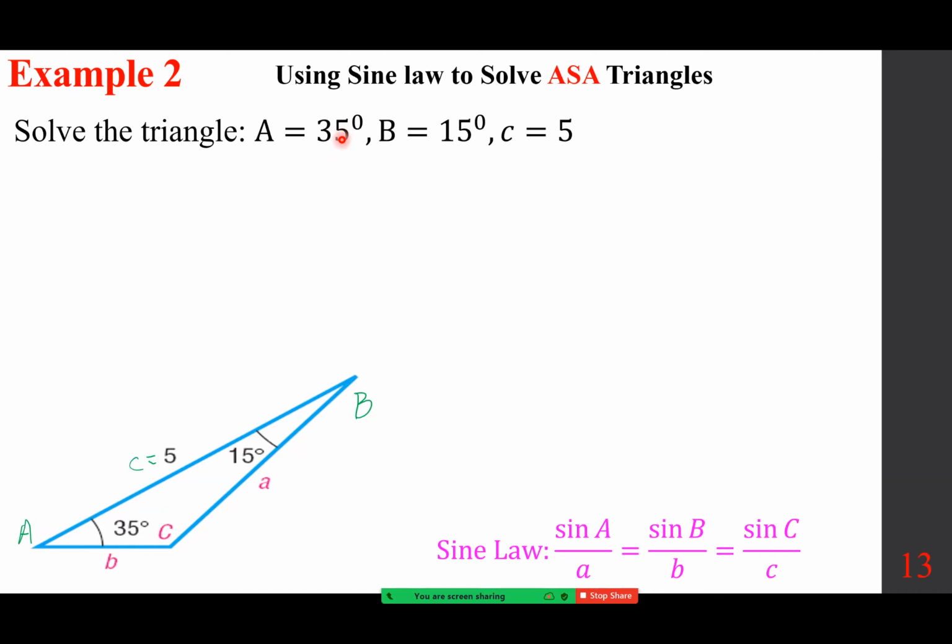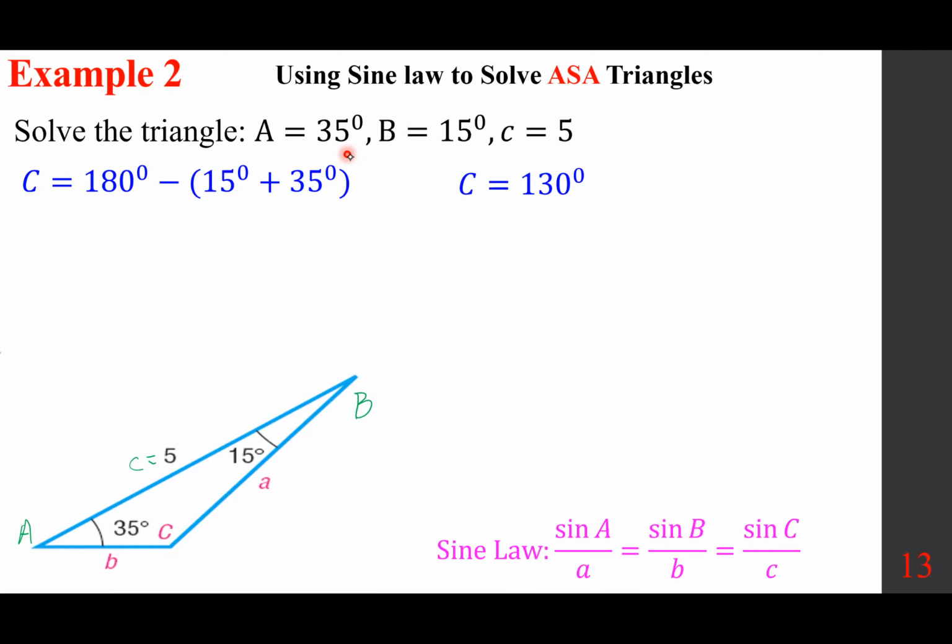Obviously, we have two angles. We add them up, 50 degrees, and we subtract it from 180. We get the last one, 130 degrees. That is the fastest way to get one of them. So add up the angles and subtract it from 180.